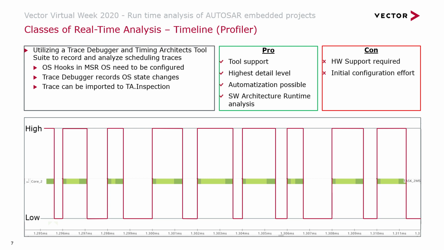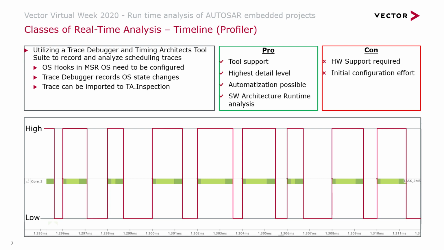But the advantages of the solution is that I have the tool support to go through the configuration, and I have a much higher detail level, so I can really look at detailed requirements, and based on the timeline I can check whether they have been met.